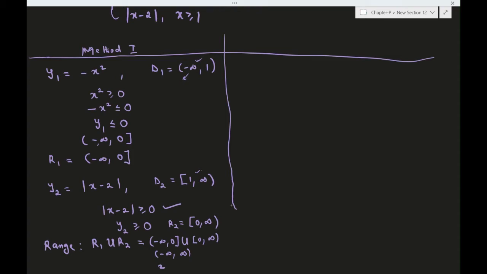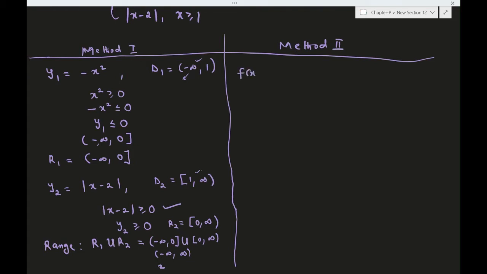All right. So let's see using the second method, which is the graphical method. Now, how do we graph this? Here we're going to use points. We can use transformations to graph it, but it's fine. Let's use points.